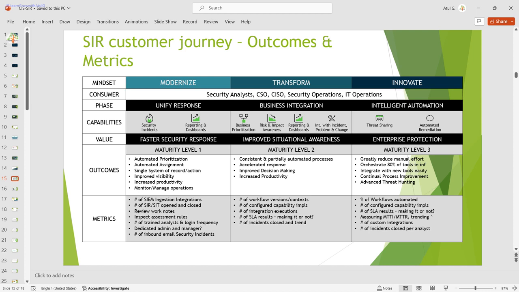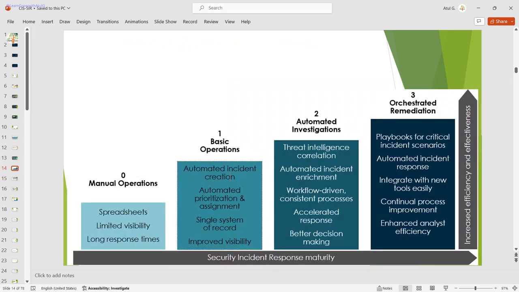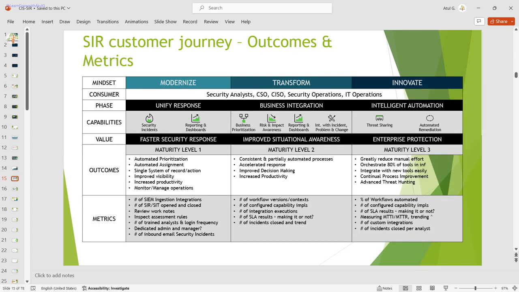When I say modernize, you can use security incident and reporting. When I say transform, we have to do business integration. Here I have prioritization, risk impact analysis, dashboard, and linking the incident with problem and change. And finally, on innovate, threat sharing and automated remediation.